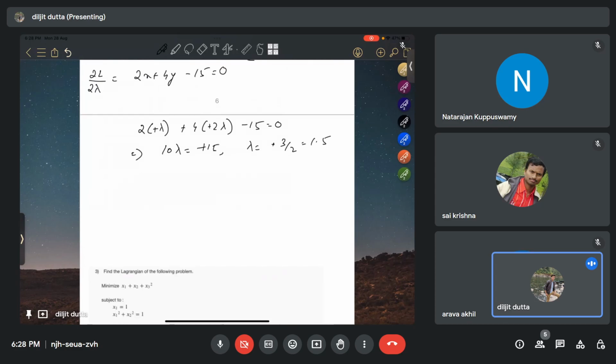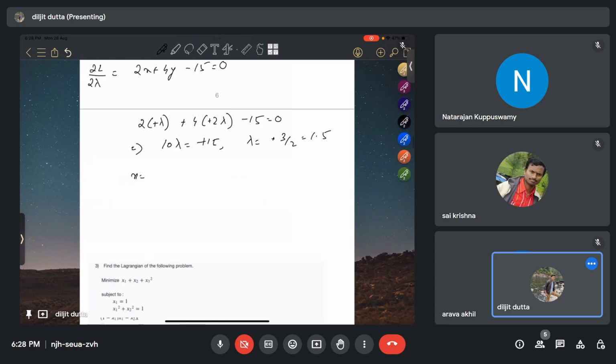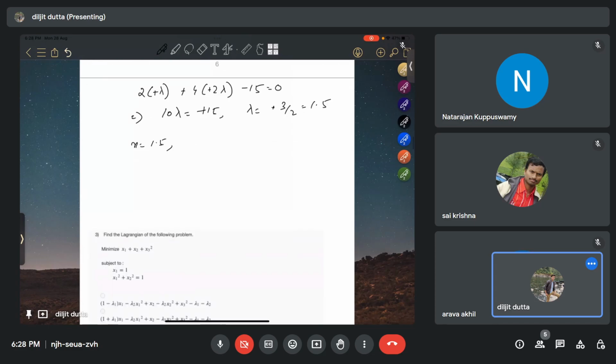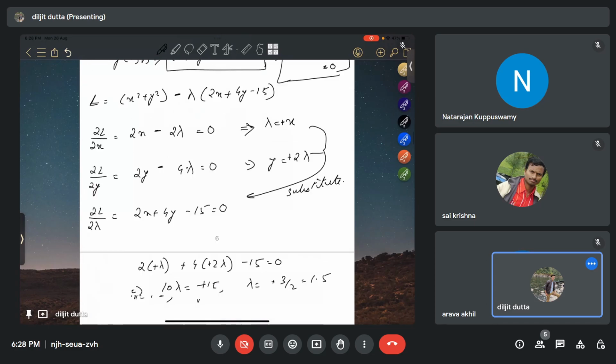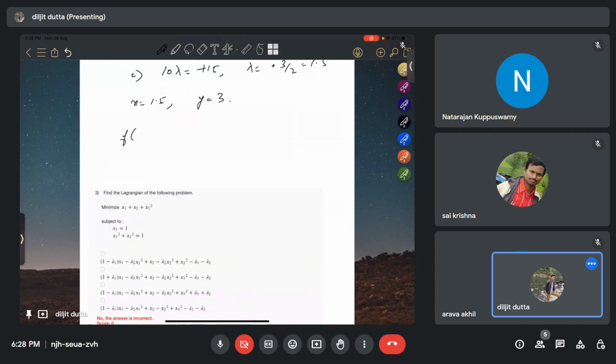Now if we substitute, we know lambda, so x is equal to 1.5, y is equal to 3. So the function value is 9 plus 11.25.